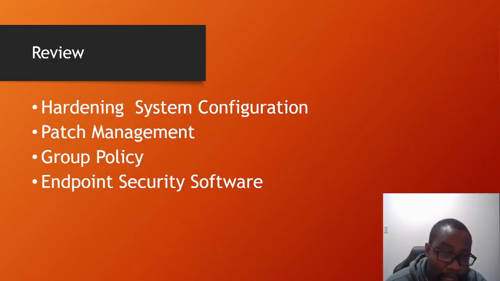Your group policy allows you to disseminate all your configurations so that they're uniform across the domain, that everything is the same and uniform. And your endpoint security software, like your antivirus, firewalls, etc., are on each endpoint device in your IT infrastructure, so everything is as secure as it can be.